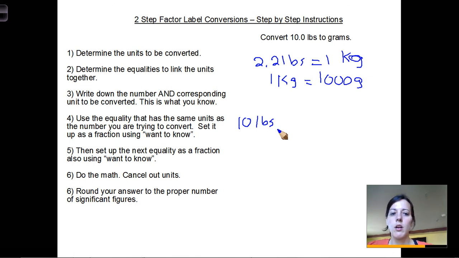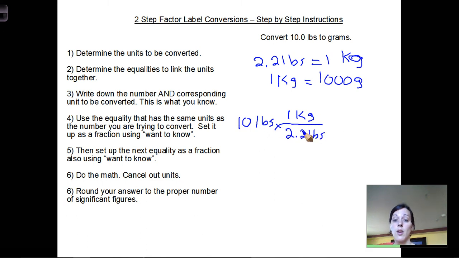And remembering our want to know device as to how to set up that fraction, we want kilograms and we know pounds. Yes, I know ultimately we want grams, but we are going to need to get to kilograms before we can get to grams. So we know pounds and we're going to want kilograms. As a result, 1 kilogram goes on the top and 2.2 pounds goes on the bottom.